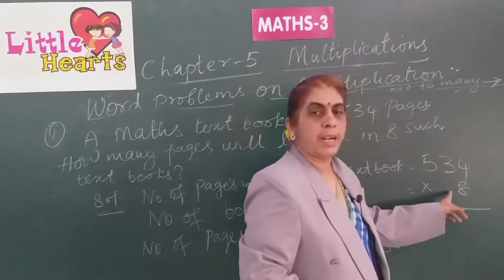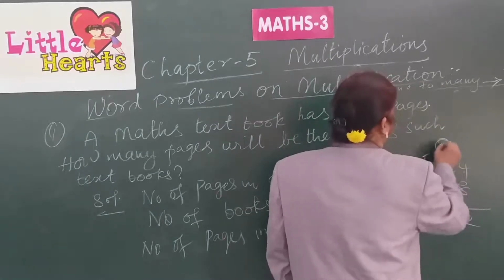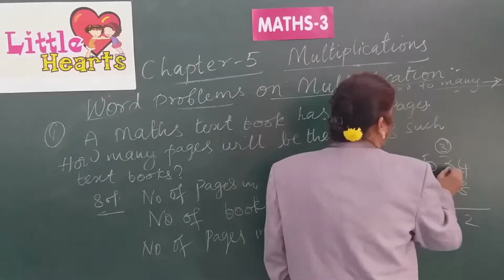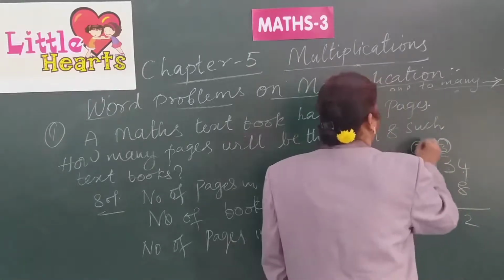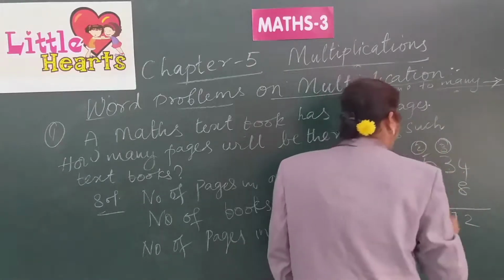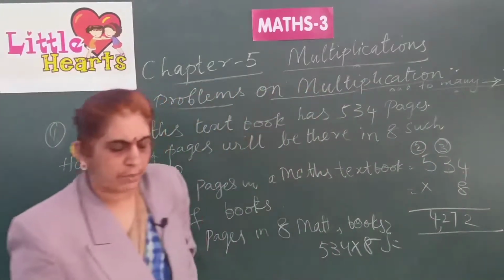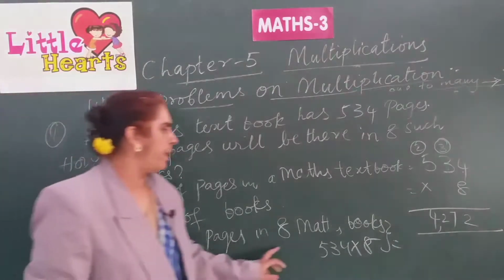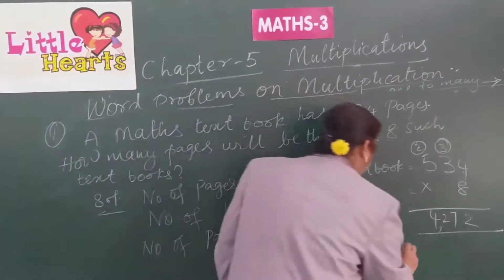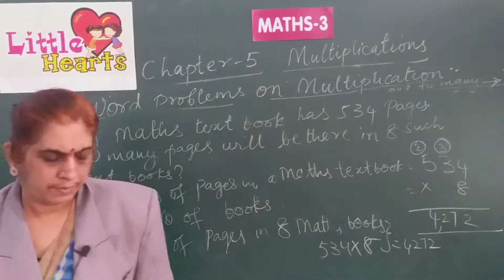To many books, multiplication. 8 fours are 32. 2, carry over 3. 8 threes are 24 plus 3, 27. 8 fives are 40 plus 2, 42. 4,272 pages will be there in 8 maths textbooks. So number of pages in 8 maths books is equal to 4,272.